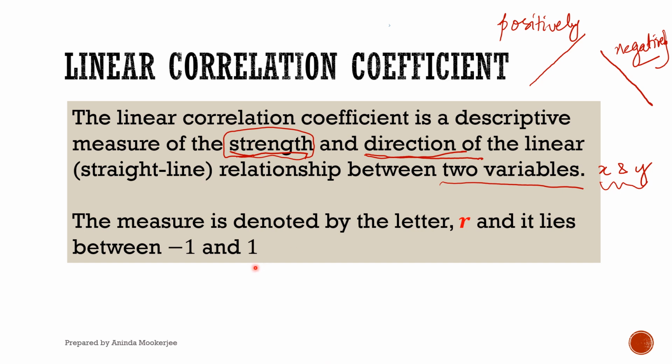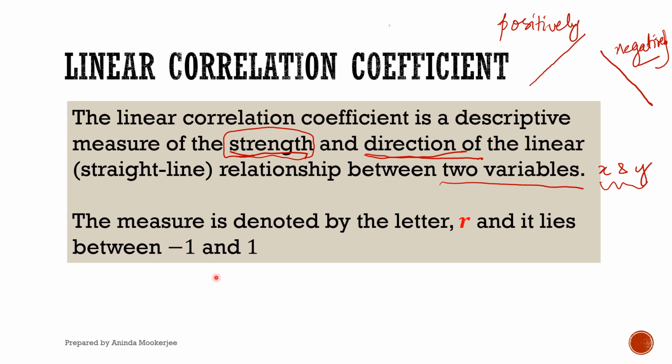If the value of R is positive, if it is a value greater than 0, then it's positively correlated. And the closer it is to +1, the stronger the relationship in the positive direction. The closer the value of R is to -1, the stronger the correlation, but negatively.